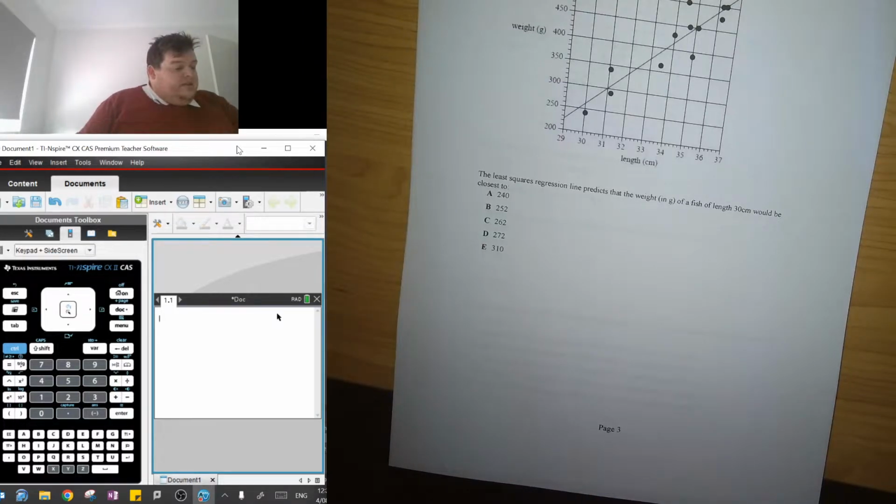Okay, this one says the weights and lengths of 12 fish are recorded and plotted in a scatter plot below. The least squares regression line that enables the weight of these fish to be predicted from their length has also been plotted.